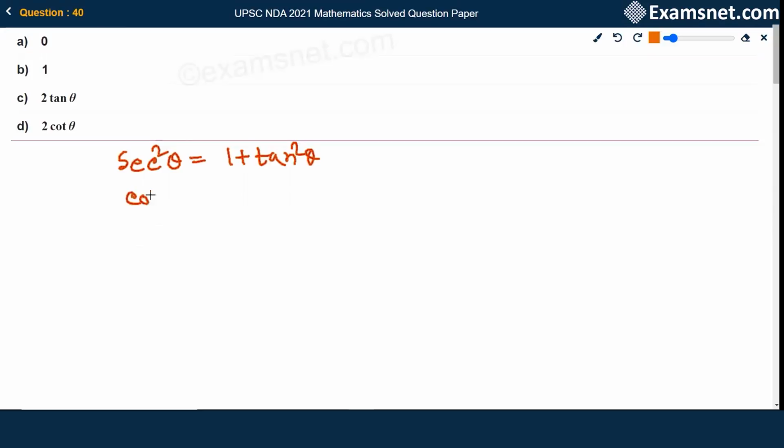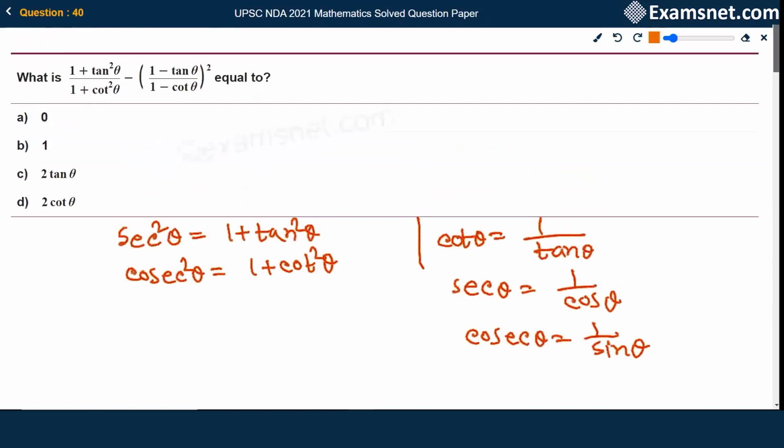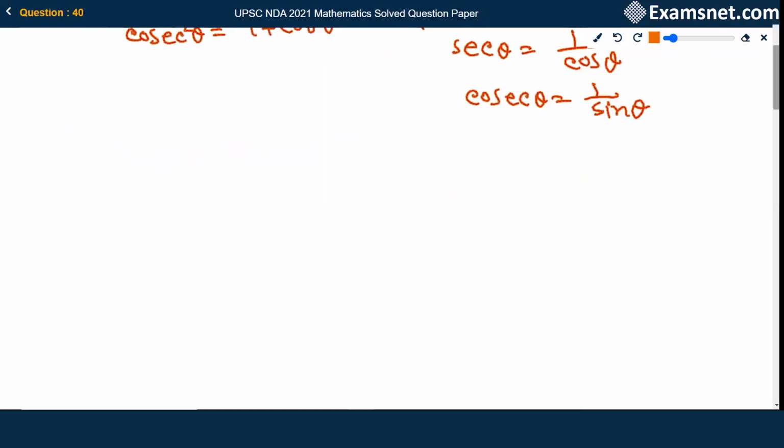Also, cosec squared theta equals 1 plus cot squared theta. And cot theta equals 1 by tan theta. Sec theta is the reciprocal of cos theta, and cosec theta is the reciprocal of sin theta. Okay, now let's start solving this expression.